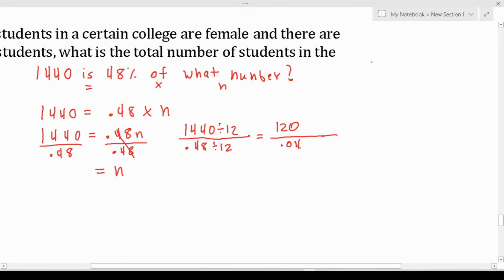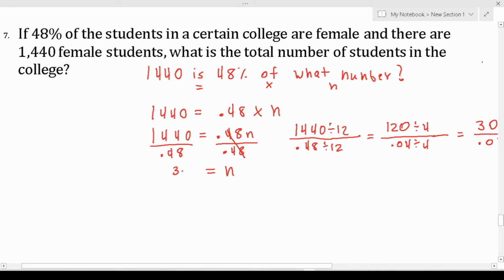Again, I know 12 and 4 have a common factor of 4, so let's divide both of these by 4. 120 divided by 4, well, 12 divided by 4 is 3. Just tack on that 0. So 120 divided by 4 is 30. And then 0.04 divided by 4 is just 0.01. So this becomes 30 divided by 0.01.